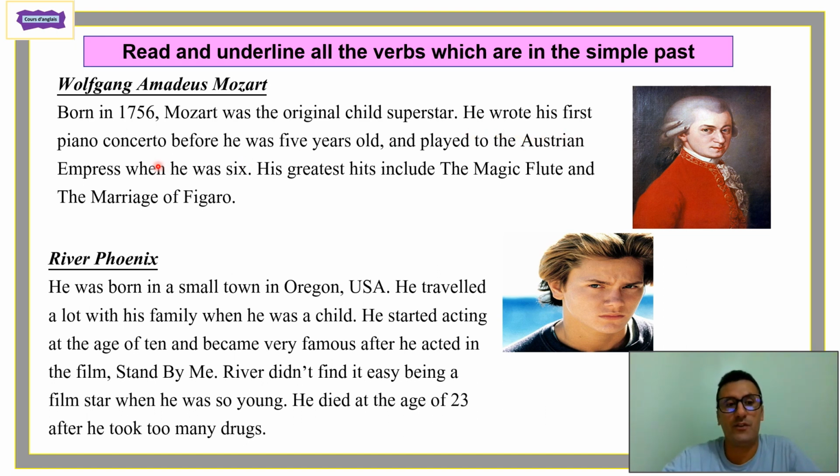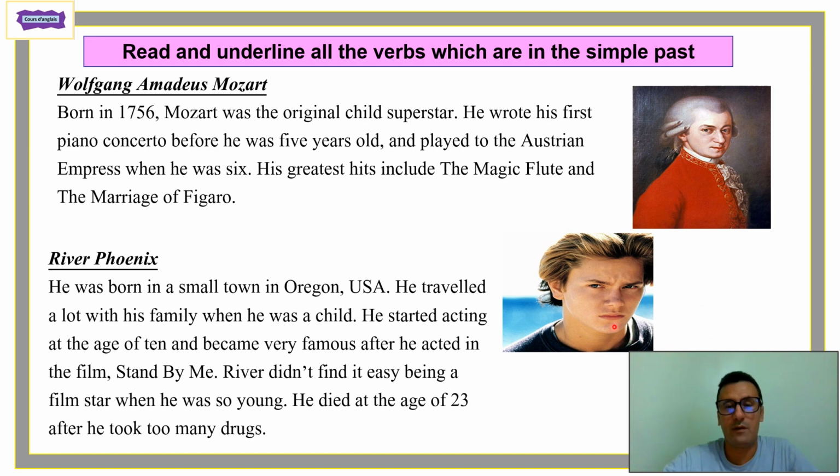He wrote his first piano concerto before he was 5 years old and played to the Austrian Empress when he was, aussi, simple past, he was 6. His greatest hits include The Magic Flute and The Marriage of Figaro.